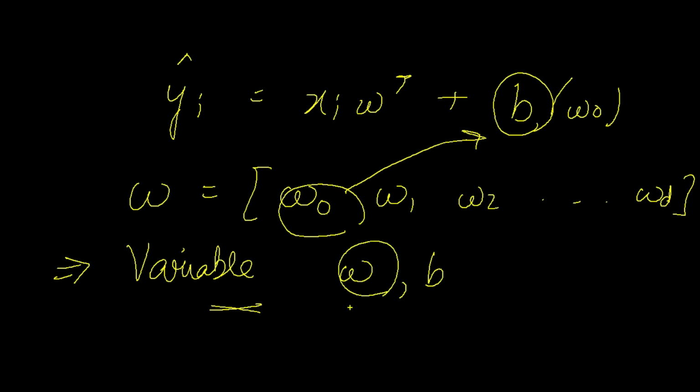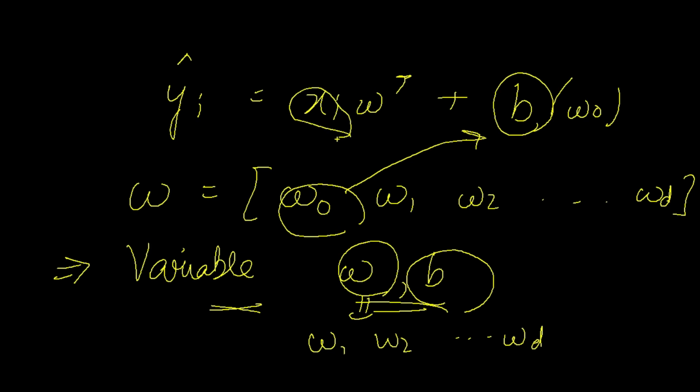The w here starts from w1, w2 up to wd, and this constant term, throughout the whole training process, these values are going to change while everything else remains the same, like xi, and the yi, that is the target values, are going to be the same. They are not going to change.